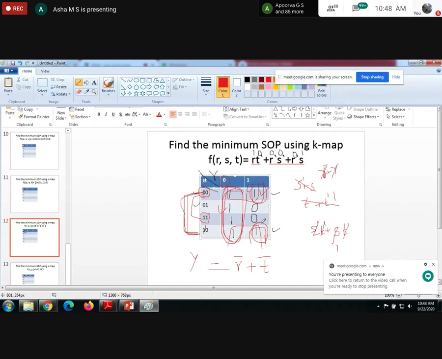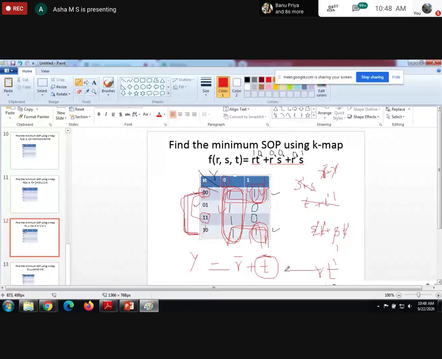When you make a pair, you'll get two variables, so you'll get R into T bar. But when you make a quad, you'll get only T bar. So still I got the minimized expression. Even if you write R T bar, this is also correct, but this is not the simplified version.